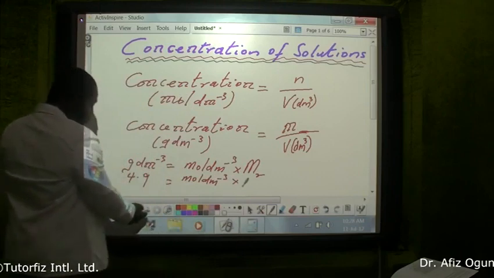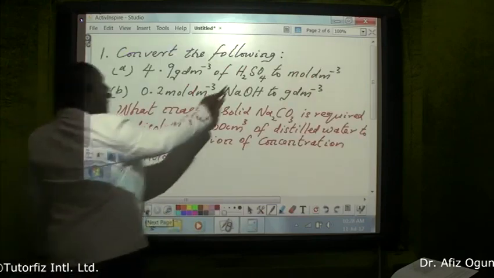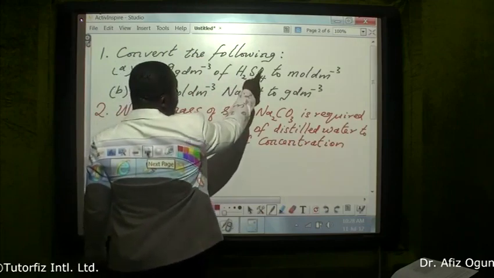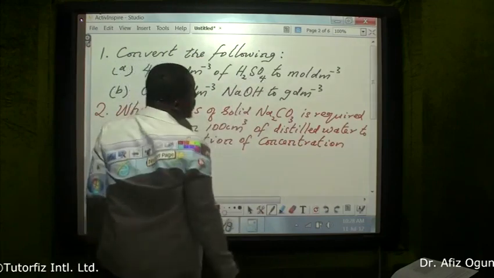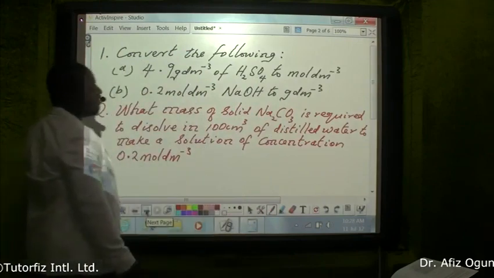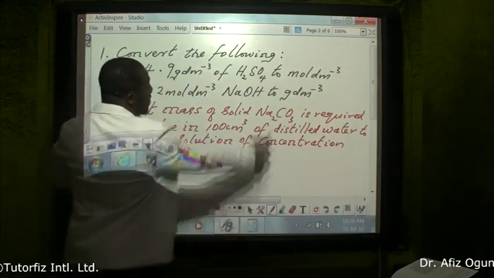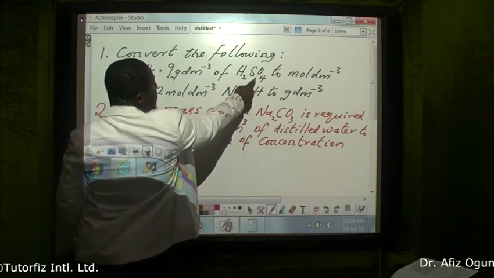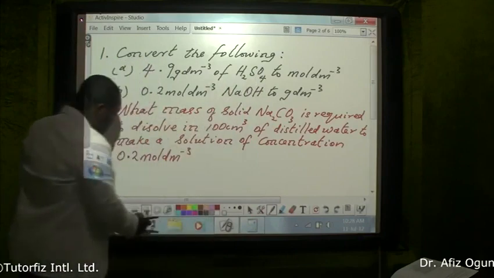It's easy. You just add 2 times 1, plus 32, plus 16 times 4, and this will give us 98. I have 64 plus 32, that is 96, plus 2, that is 98.